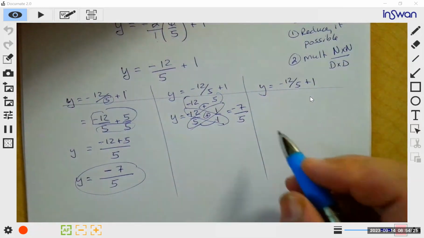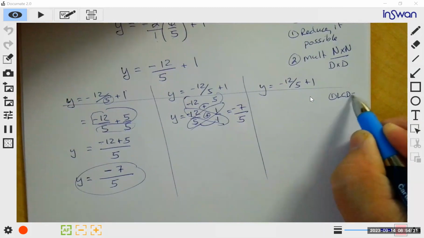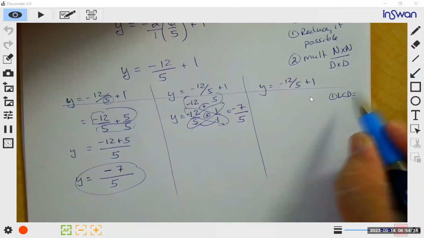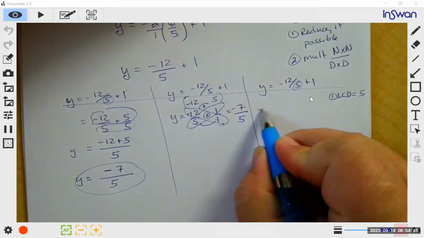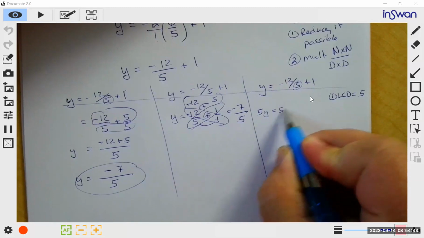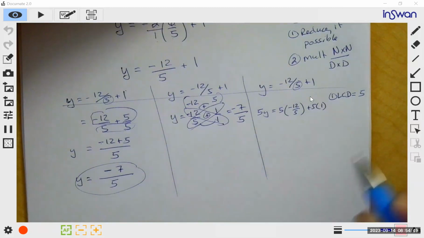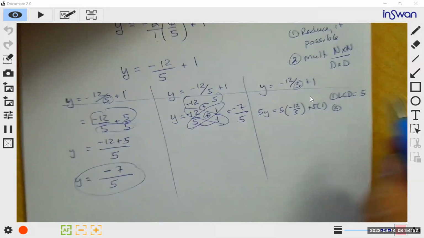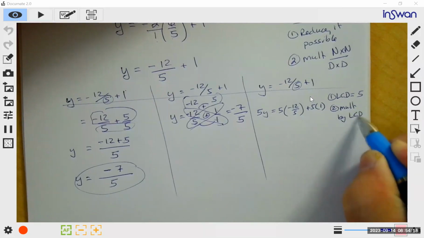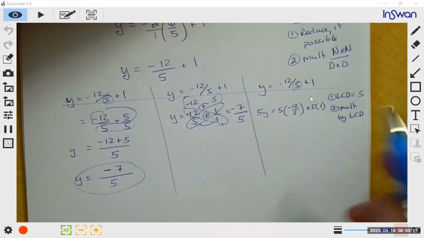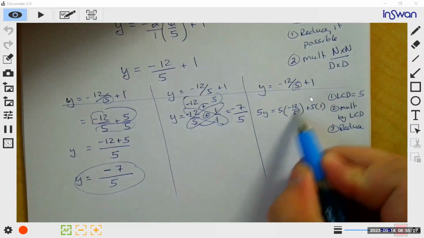Or we can get rid of the fractions. The LCD, the least common denominator, is 5. Multiply each term by 5. So you find the LCD, multiply each term by the LCD, reduce. So the 5s cancel.